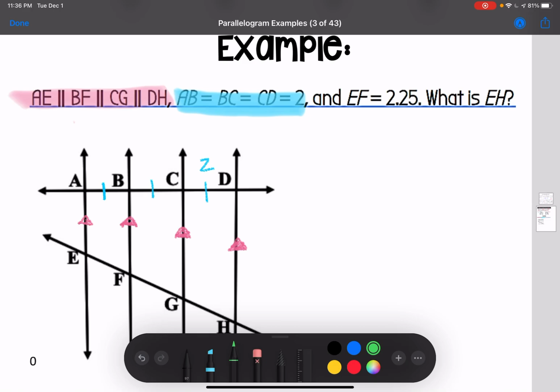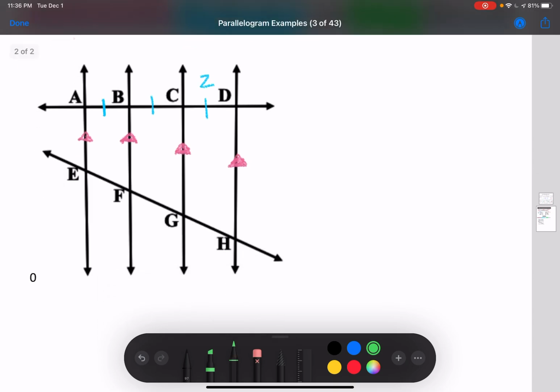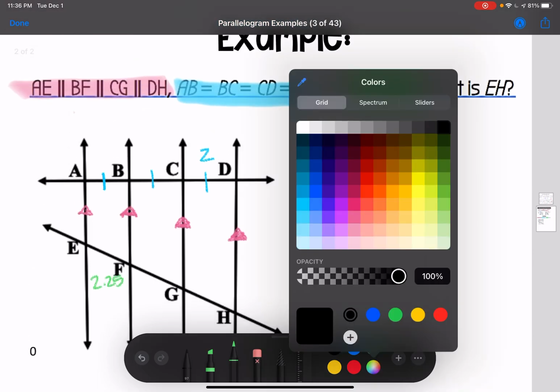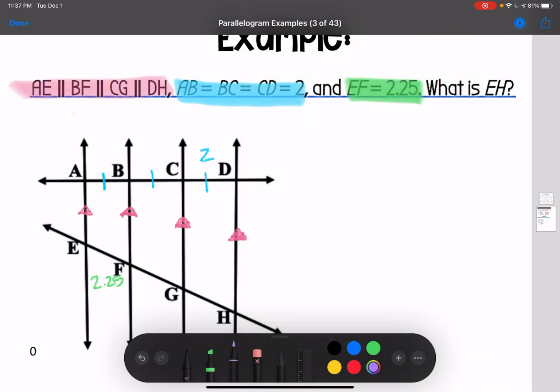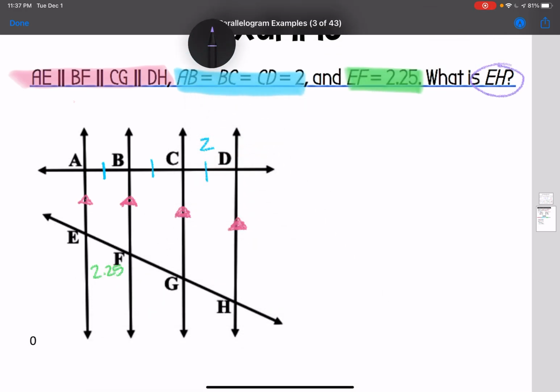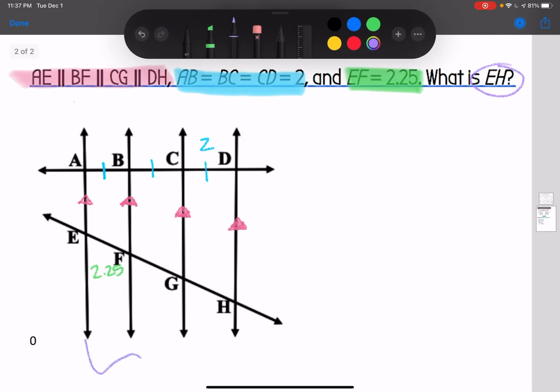And then lastly, it also states that EF right here is 2.25. This one right here is 2.25. And we are being asked to find what is EH. So we're looking, let me move this, for this entire segment.